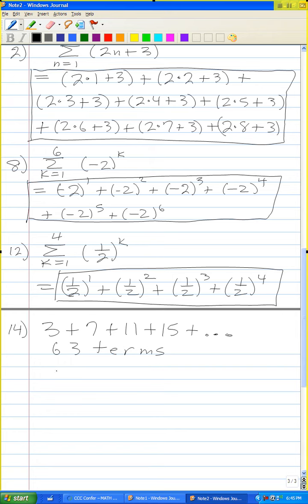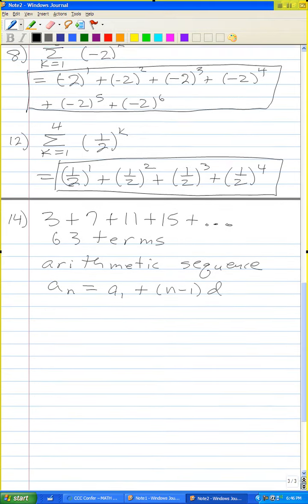And so I know that for an arithmetic sequence, the general term is just equal to a sub 1 plus n minus 1 d.